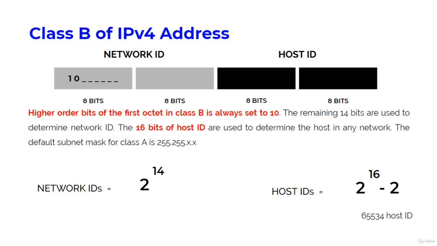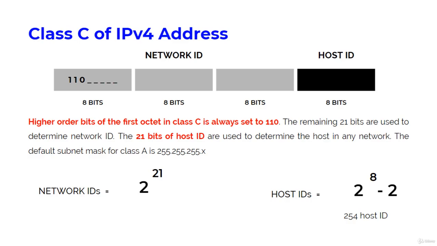The 16 bits of host ID are used to determine the host in any network. The default subnet mask for class B is 255.255.x.x. Since 14 bits are used to determine the network ID, the total number of network IDs is 2 raised to 14 and the total number of host IDs is 2 raised to 16 minus 2. Now why minus 2? We have already discussed this in the previous slide.